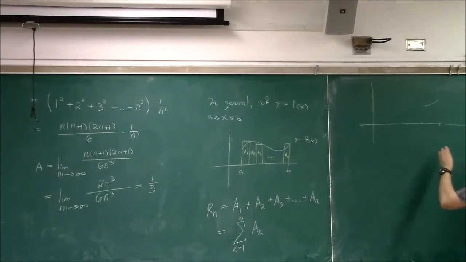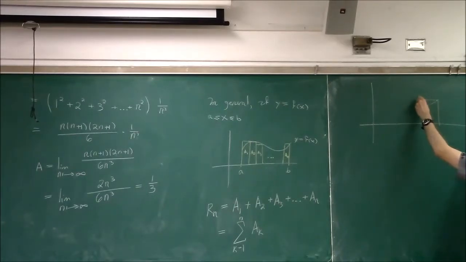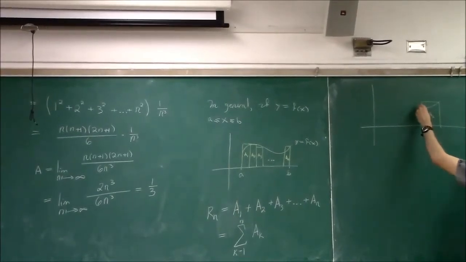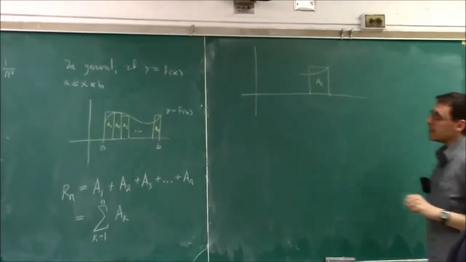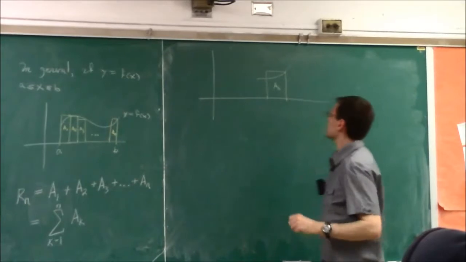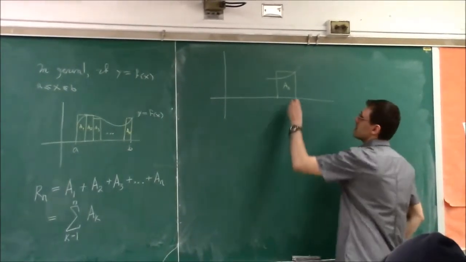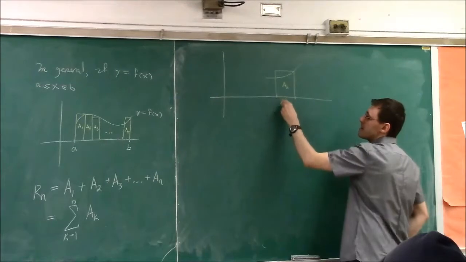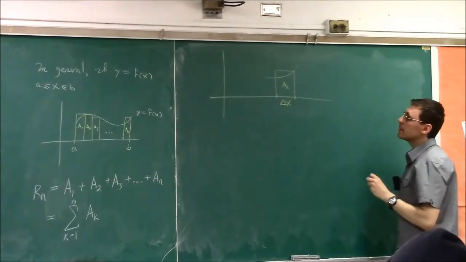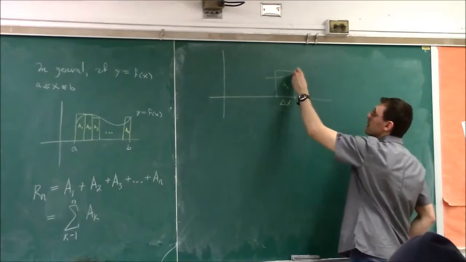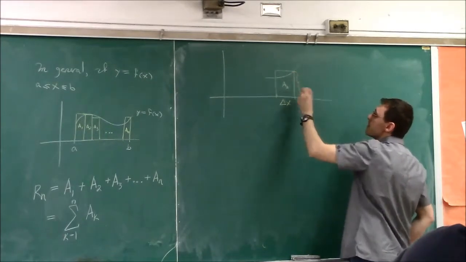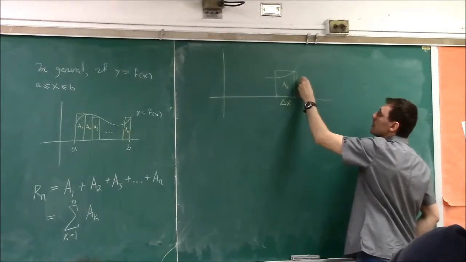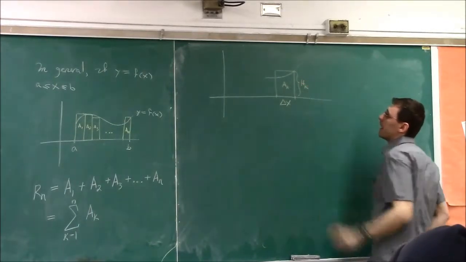So here is sum a sub k. Just zooming in on one of those rectangles, sum a sub k. Its area consists of delta x and of the elevation h sub k, the height at the cave place.